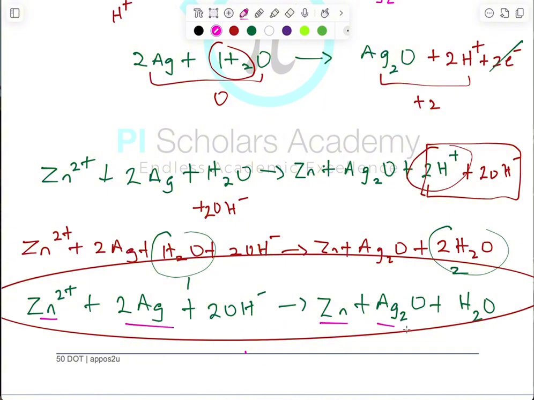How many silver do we have here? 2. How many oxygen do we have here? 2 oxygen. How many oxygen do we have here? 1, 2. How many hydrogen do we have here? 2. How many hydrogen do we have here? 2. What's the total charge that we have here? That is a plus 2 and a minus 2. That's what? 0. And all of these, none of them is charged, so we have 0. So therefore, this is balanced.